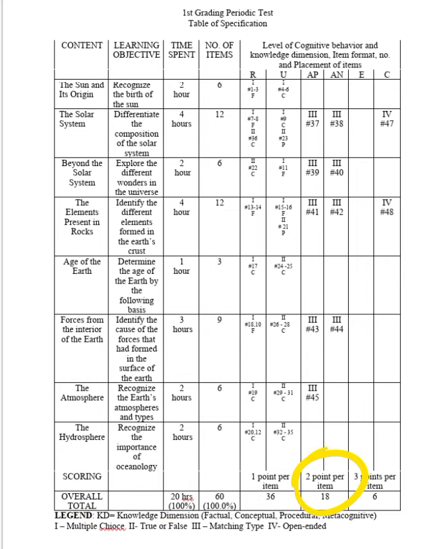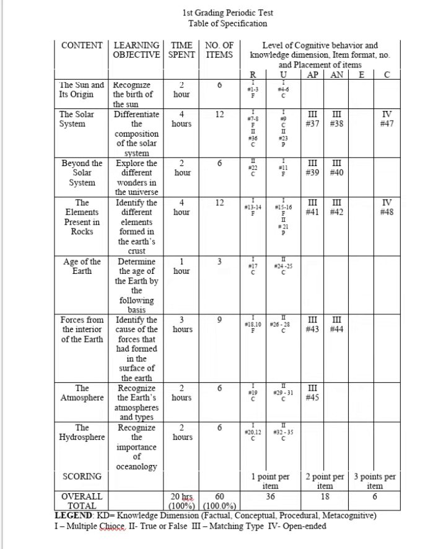For applying and analyzing, we give 2 points each item because it is more on comprehension, the average part of the task. And for evaluating and creating, 3 points per item, since it is the difficult part of the task.